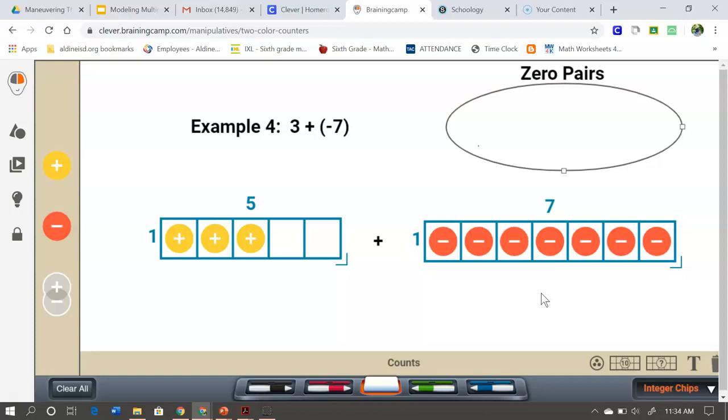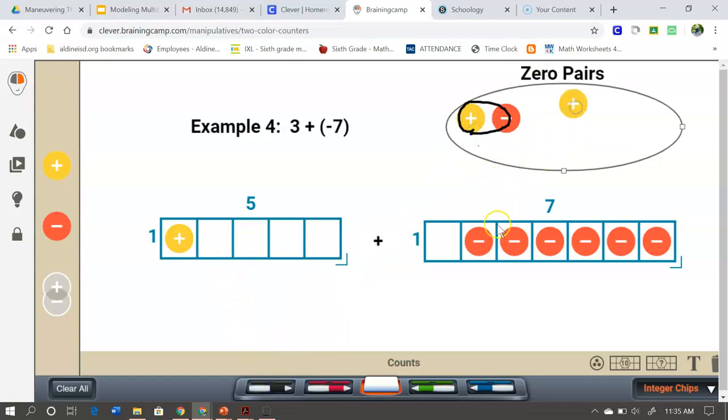So when they're different colors, we want to make those zero pairs, and whatever counters are left over will be our remaining answer. So again, a zero pair is a positive and a negative. So I'm going to create zero pairs until I cannot make any anymore. So here is 1 zero pair, but again, I can still make more.